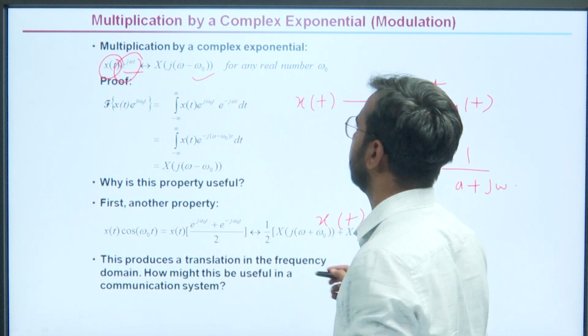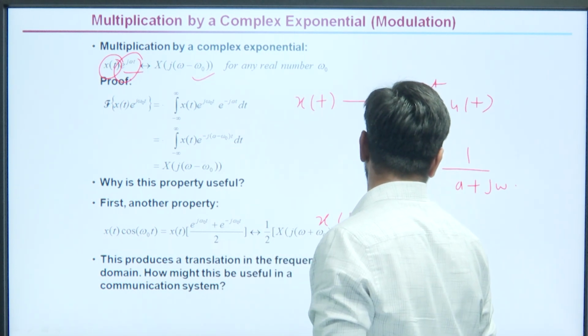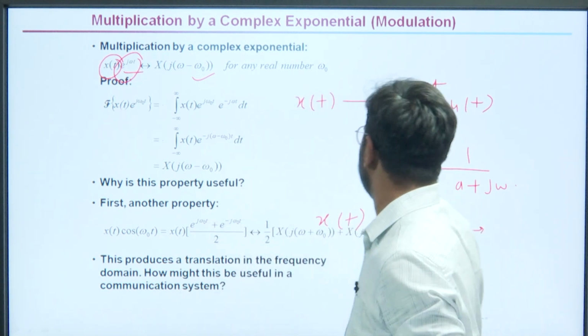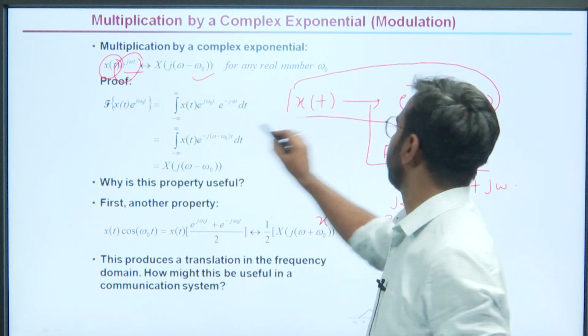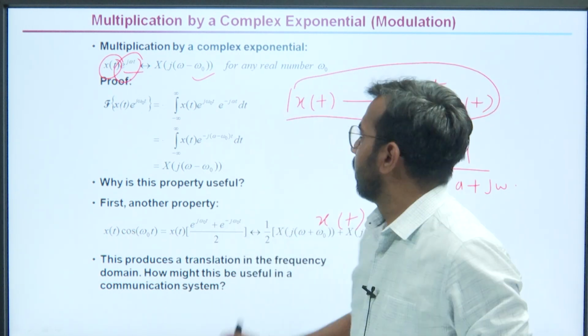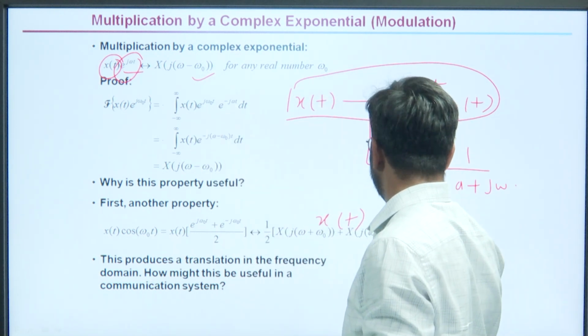For x t we have e to the power minus a t u t, and now we need the effect of e to the power j 2 t.